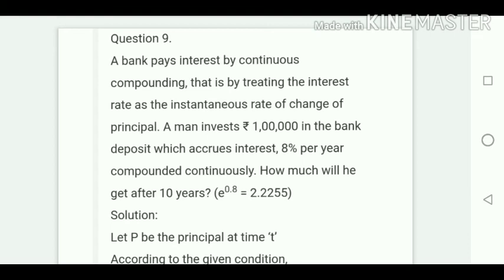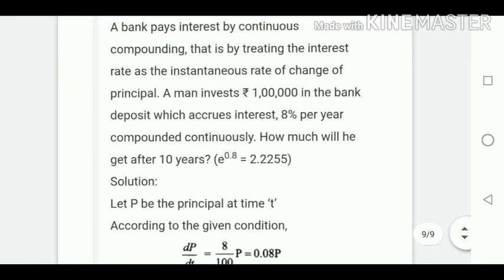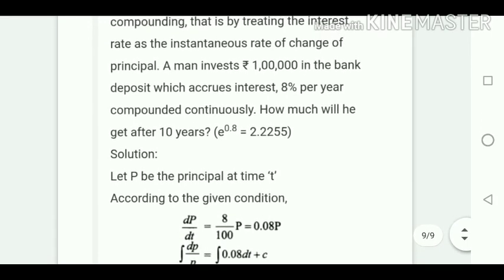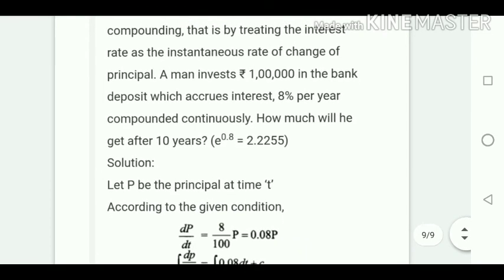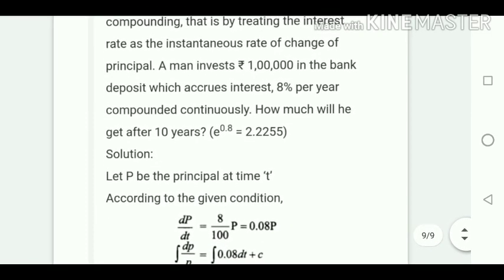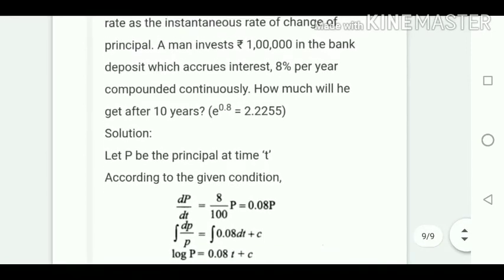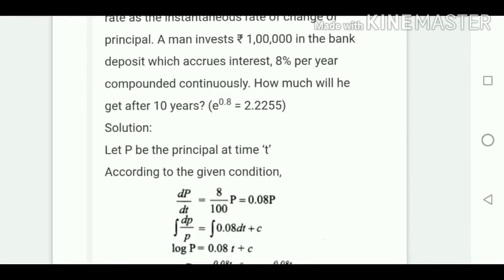Here let P be the principal at a time t. According to the given condition, dP by dt equal to 8% per year compound interest, that is 8 by 100 into principal, equal to 0.08 into P. Here integration of dP by P equal to integration of 0.08 dt plus c.